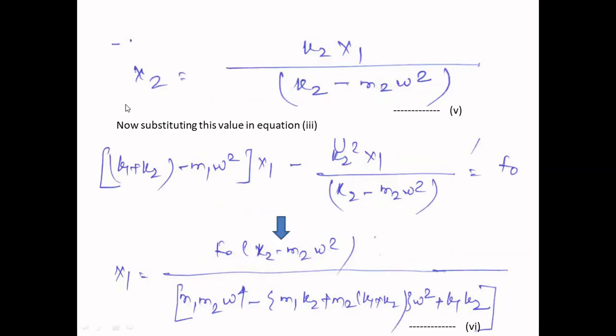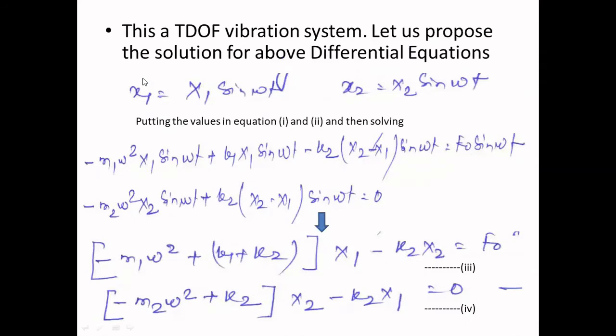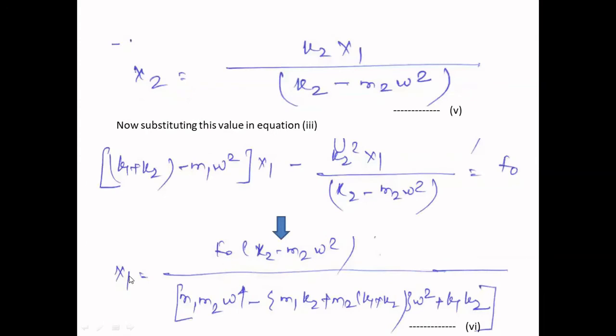Now this value of x2 is in terms of x1, which means x1 is still unknown. So we put the value of x2 in equation number 3 in order to get the value of x1 in terms of all known parameters.